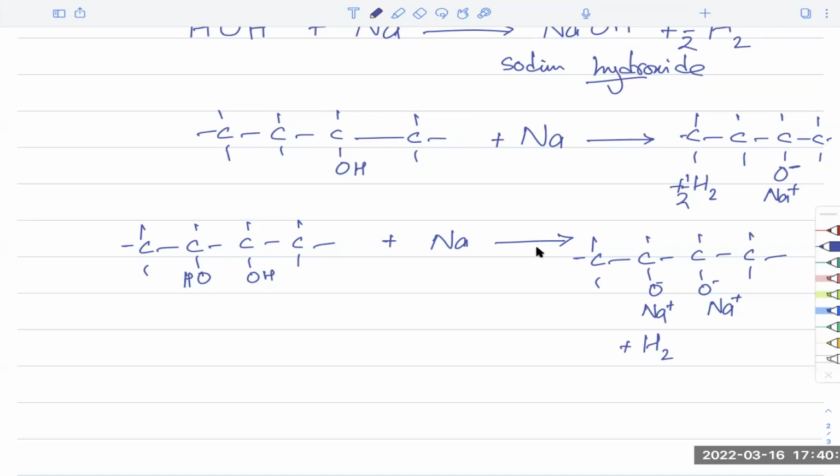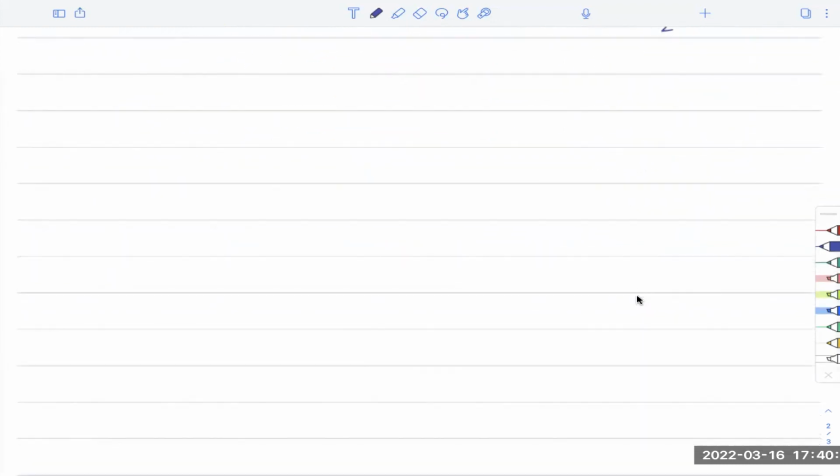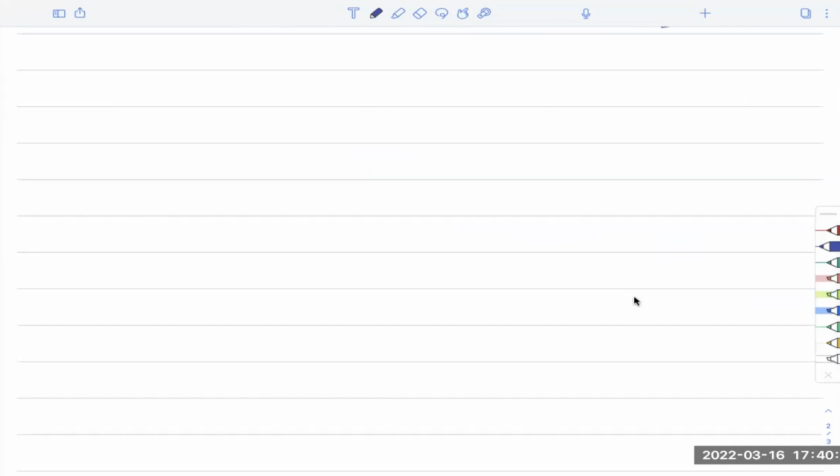Obviously, potassium will do the same thing. Now, what other reactions can you do with alcohol? Alcohols are very versatile, and that's why there are many reactions that we need to know about. One reaction is, if we have alcohol, is there a way to dehydrate it? Can we remove water from it? Because remember, how did we make alcohols?